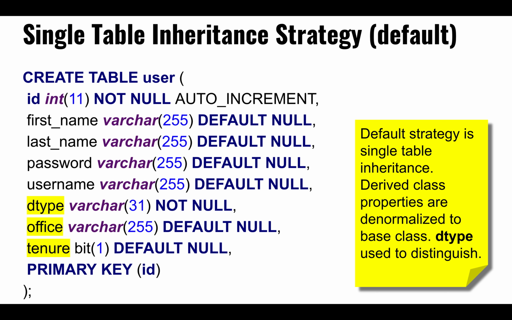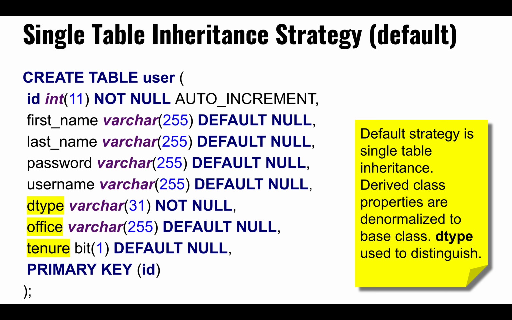So if you instantiate it using user and you save it as a user, then dtype would be user. If instead you instantiate a faculty and you also provide the same thing, first name, last name, whatnot, but you additionally provide the office and tenure, the record will have both. It will have values for the first and last name plus the office and tenure. And the value of dtype will be faculty.